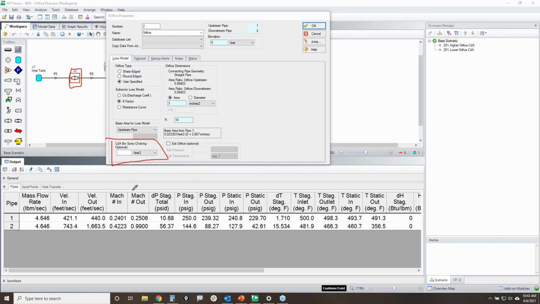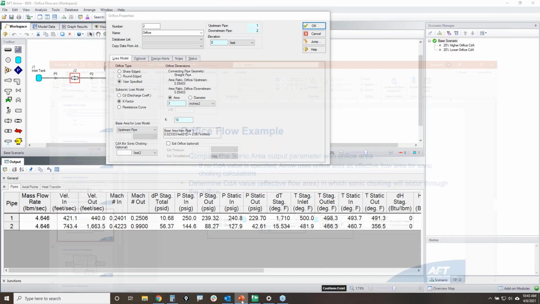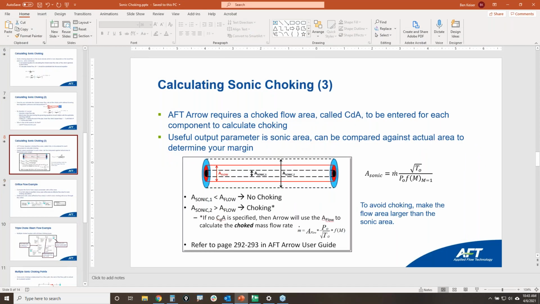We're going to incorporate a CDA value to see where we have sonic choking across the orifice. The way that you would start that off is we're trying to figure out where that margin is. So if I go back to this picture right here, I'm trying to figure out how much margin I have between choking and not choking.